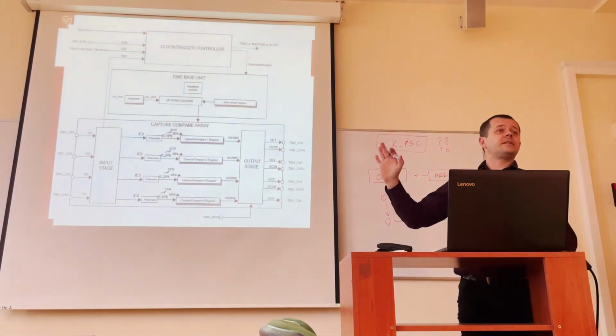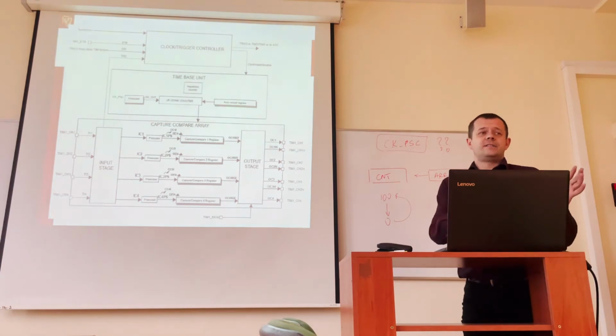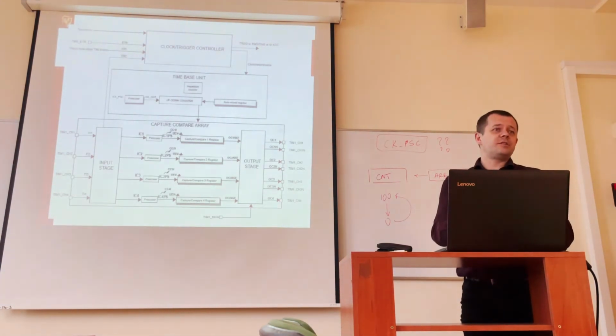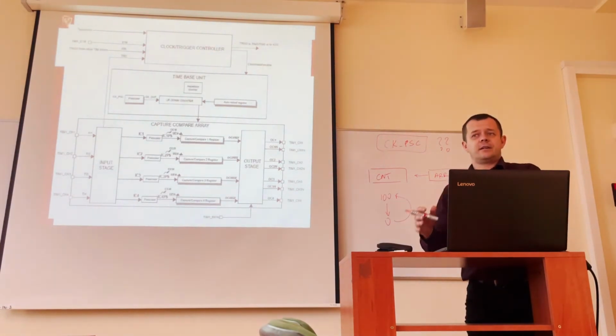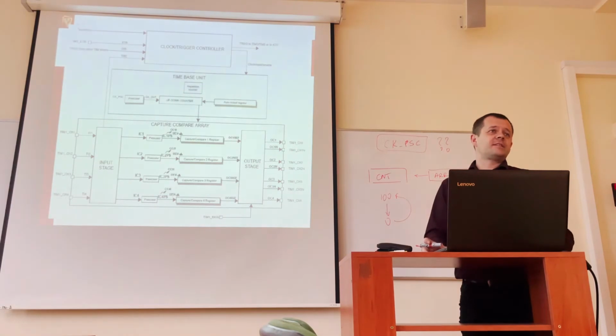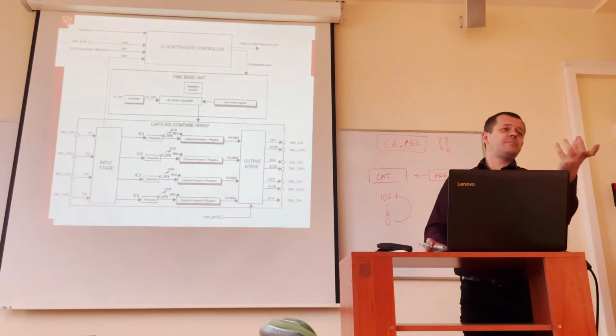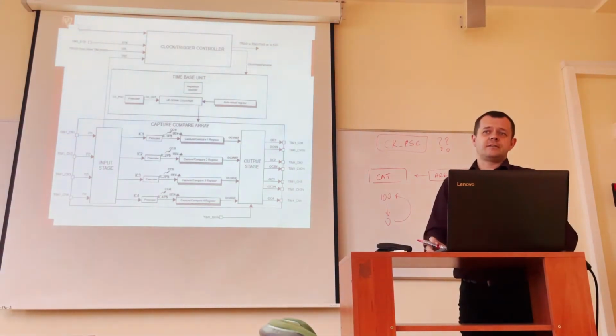Because theoretically we've got the CPU clocking, which is, let's say, 20 megahertz, because the CPU is the main clock. And if you have a crystal oscillator, let's say 16 megahertz, then the CPU is clocked at 16 megahertz.